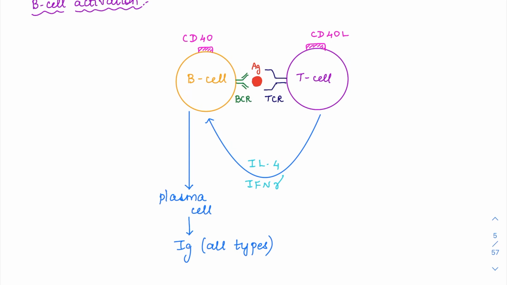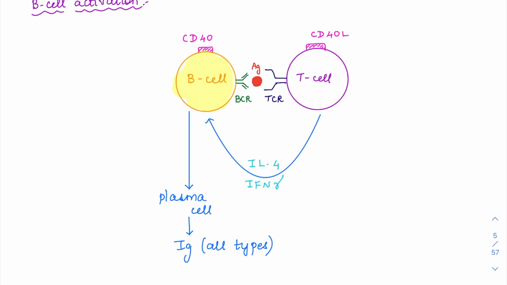So, this is the B cell, which is again an antigen presenting cell, right? This B cell is going to take up the antigen with the help of the B cell receptor, and then process it and present it to the T cell receptor with the help of MHC complexes.